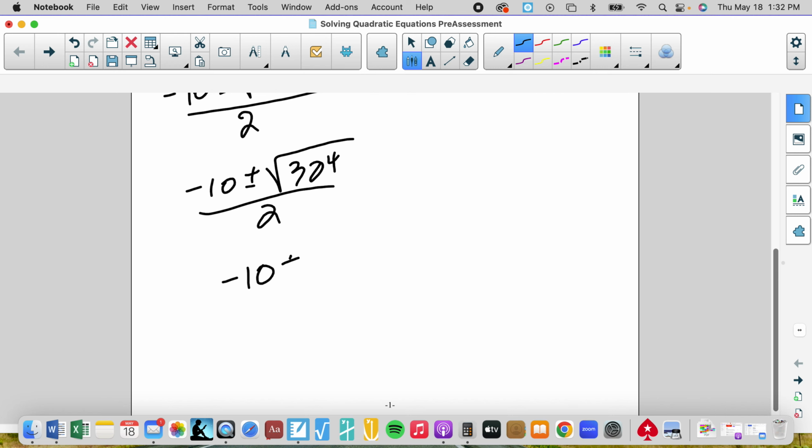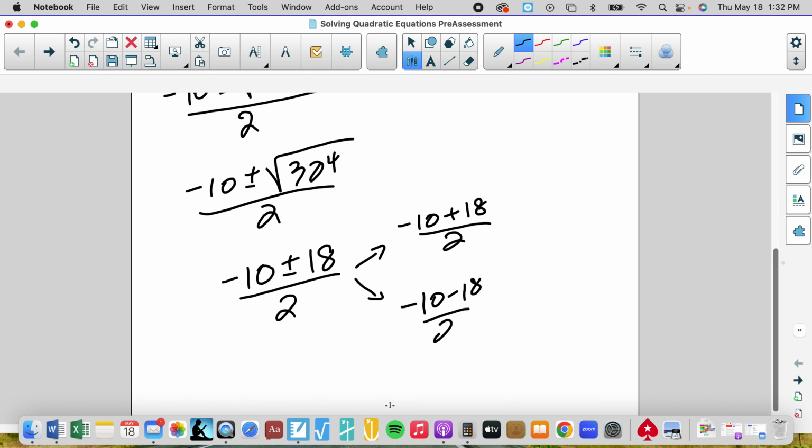Negative 10 plus or minus 18 over 2. And now we are going to separate into the two situations, when 18 is positive and when 18 is negative. That gives me 8 over 2, which equals 4. This gives me negative 28 over 2, which is negative 14.